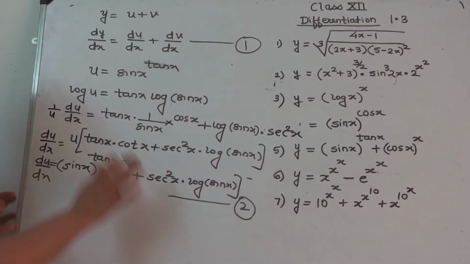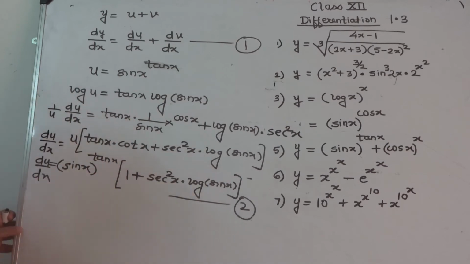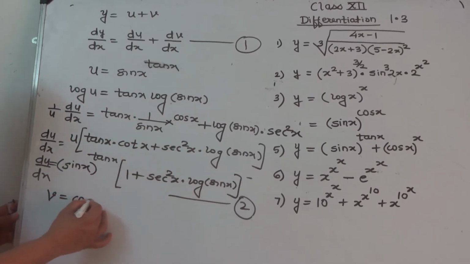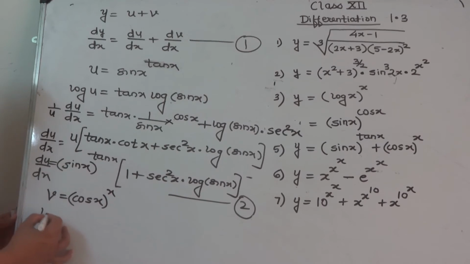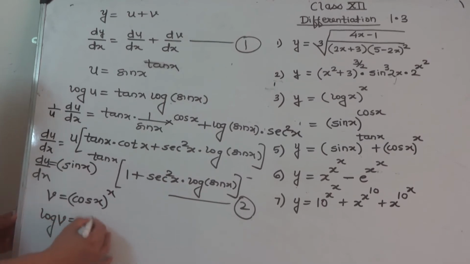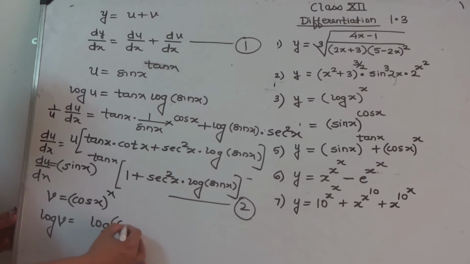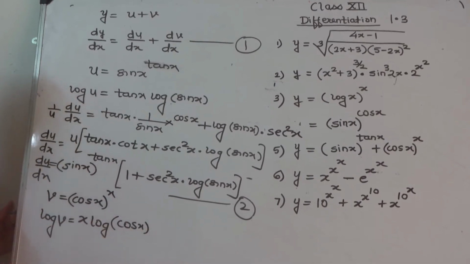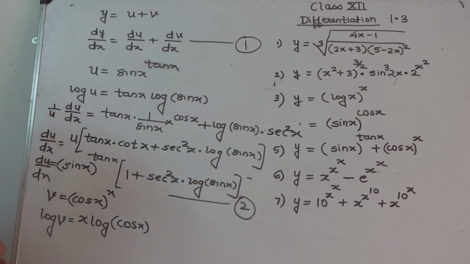I write one step and then I will rub out this portion. What is v? v equal to cos x raised to x, again x raised to x type. So taking log, log v equal to log of cos x raised to x. x can be taken earlier, so x log cos x.